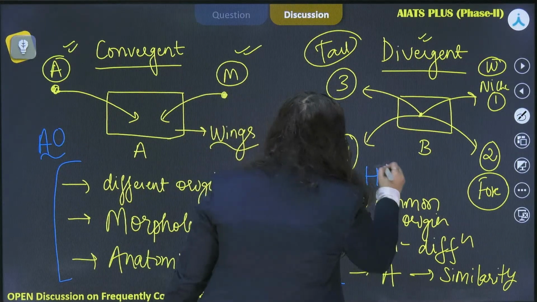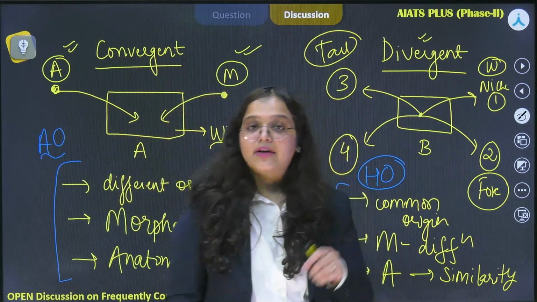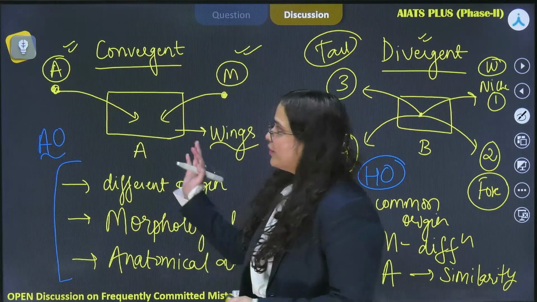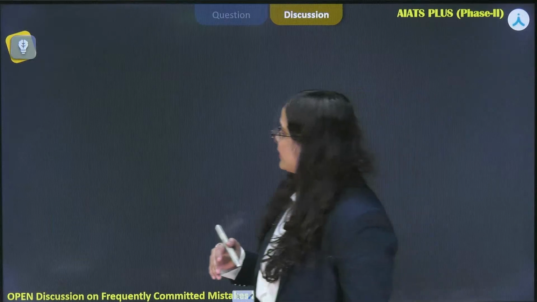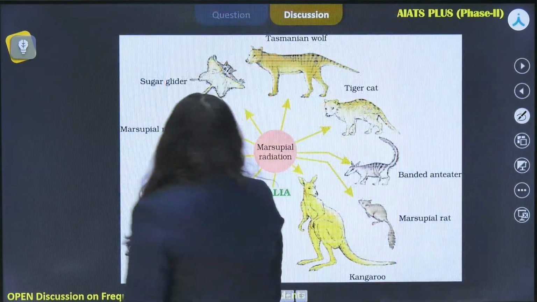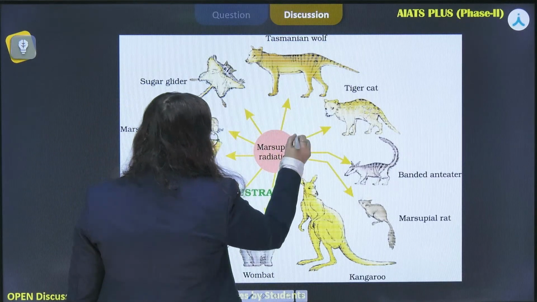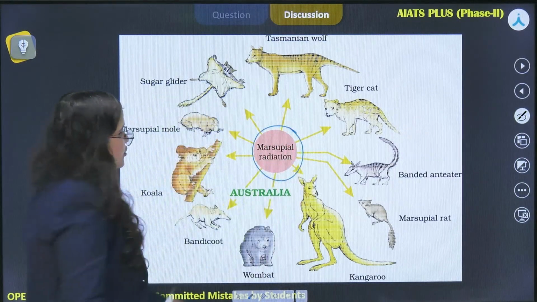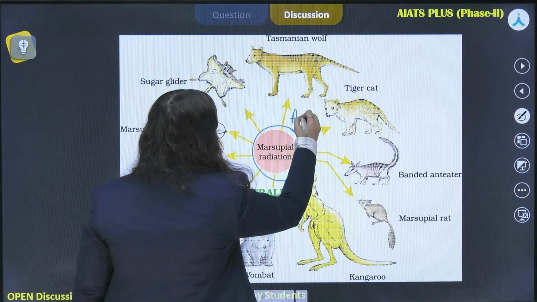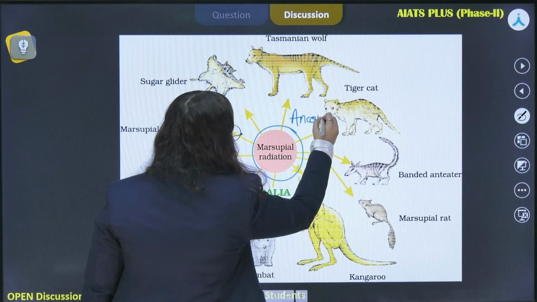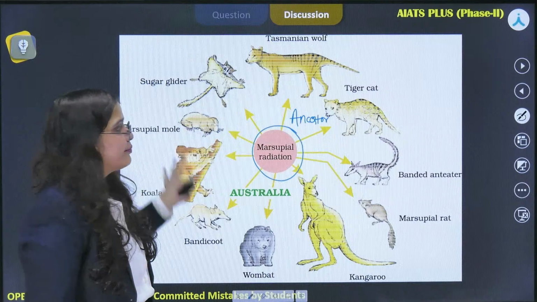and we also call them homologous organs. So this was the basic about convergent and divergent evolution. Now when we remember our question, it was based on some animals. So where does that come into picture? On the screen you can see a diagram of marsupials radiation. What is happening here is we have an ancestral stock, and it is diverging in different directions to give rise to different species.